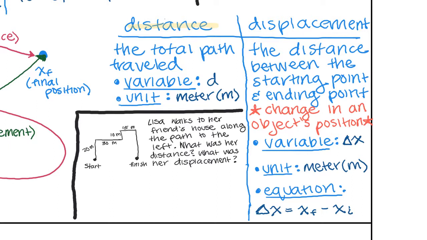In contrast, we have displacement. Displacement and distance are very similar, but displacement describes the distance between the starting point and the ending point of an object.